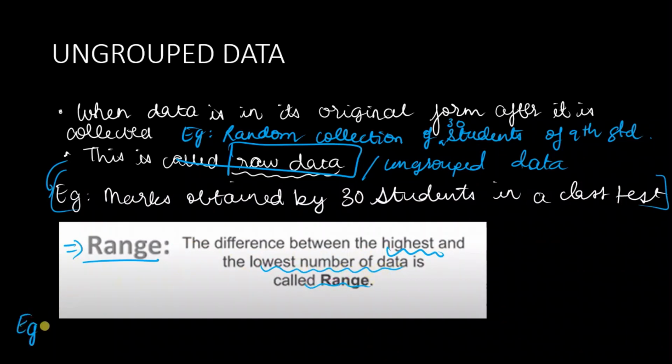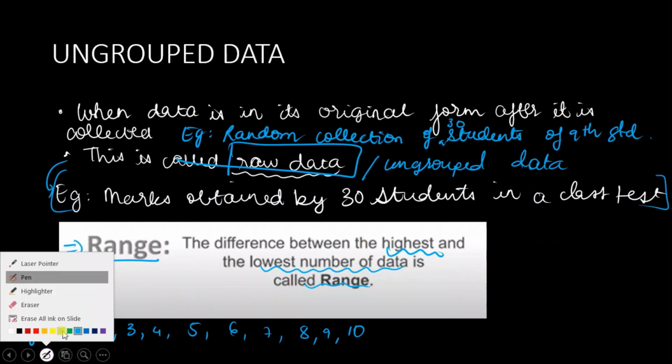For example, here let me write, I have 1, 2, 3, 4, 5, 6, 7, 8, 9, 10. These are numbers that are collected. This whole set is the data. Now if I have to find the range of this data, according to the definition, it's the difference between the highest and the lowest value.